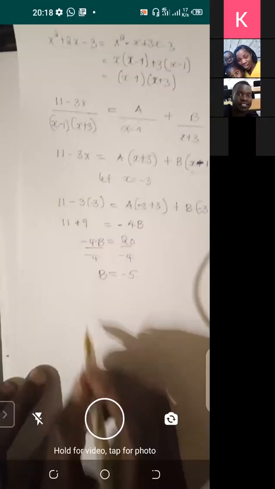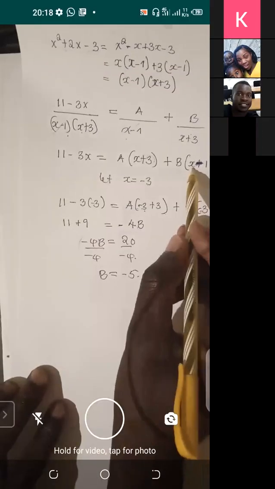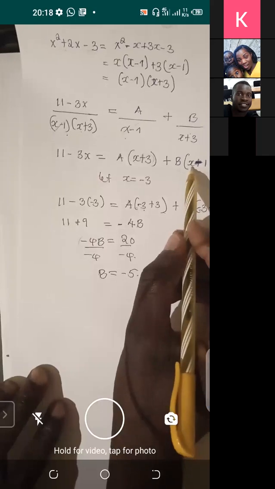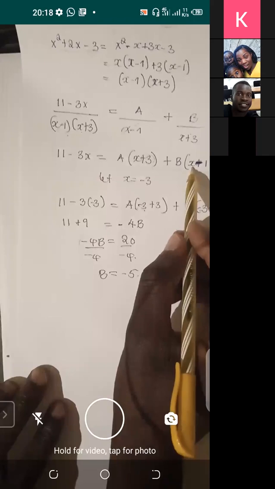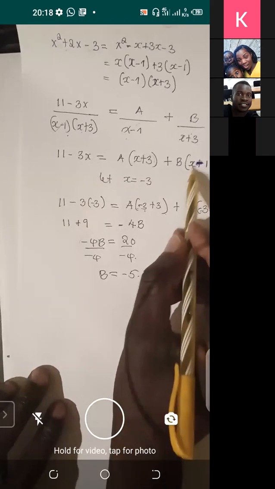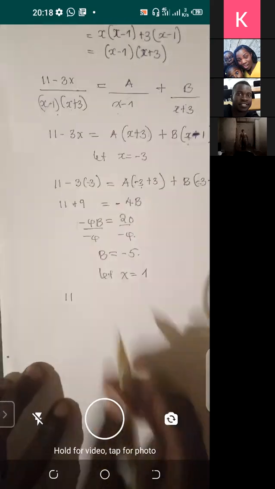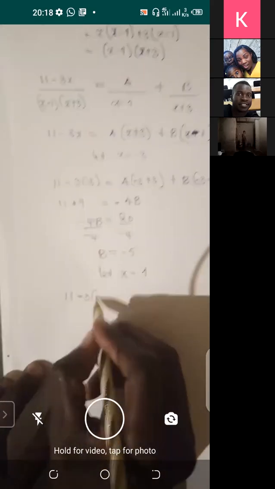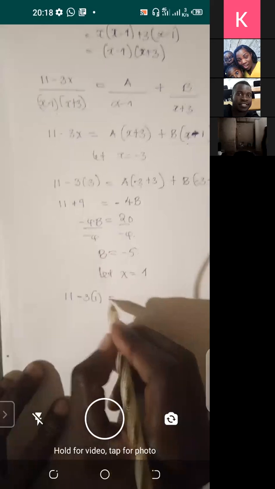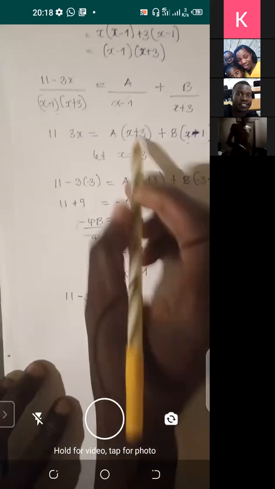Then you divide by -4, then your B will be equal to -5. When you let x equal to 1, the B term will disappear. So if you let x equal to 1, you have 11 minus 3 times 1 equal to A times (1 plus 3) plus B times (1 minus 1).